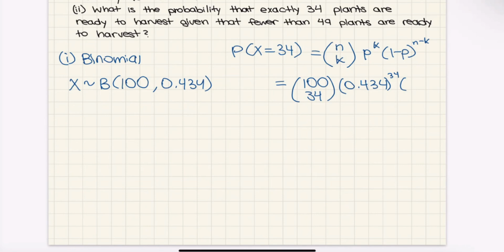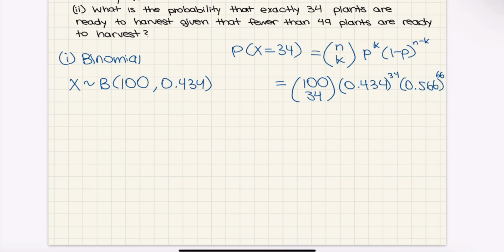So 1 minus 0.434 is 0.566, and that's to the power of n minus k. And n is 100, k is 34. So basically the other trials, the non-successes, have to be the other 66 of them.